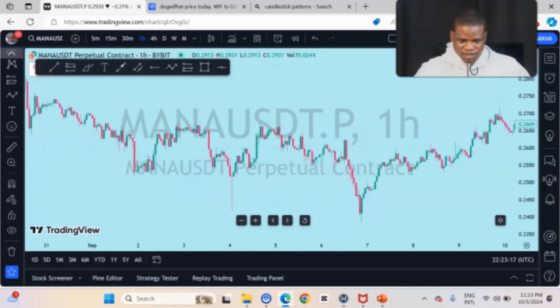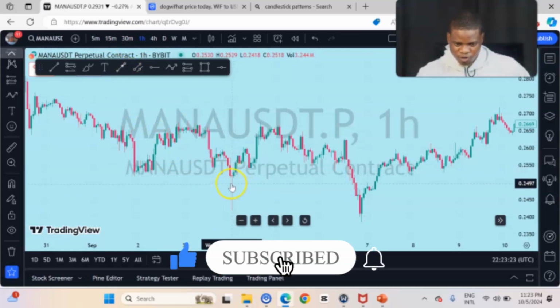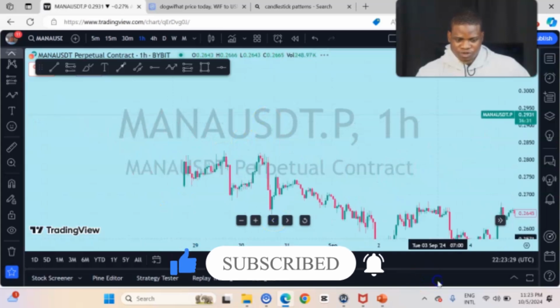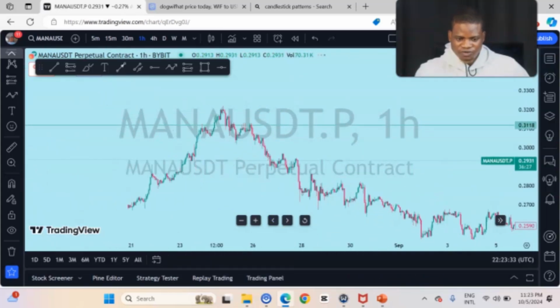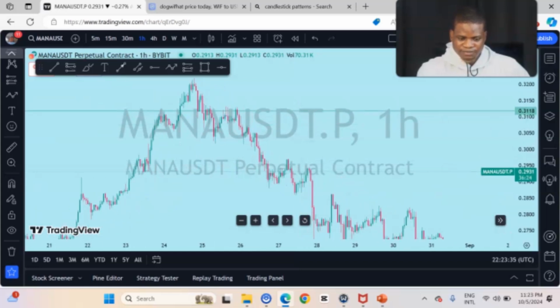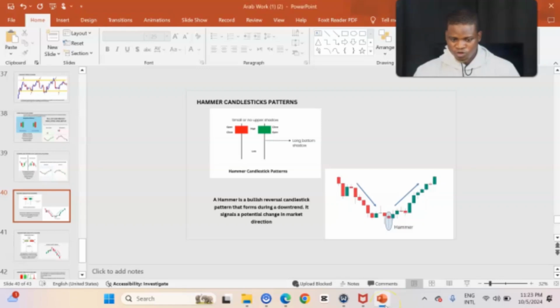This particular candlestick looks like a hammer. When we saw it, what happened? The market went up. So anytime you see a hammer at the end of a downtrend, that means the market is likely about to reverse. So that is what a hammer does. I'm going to look at more examples during the analysis part of this video.